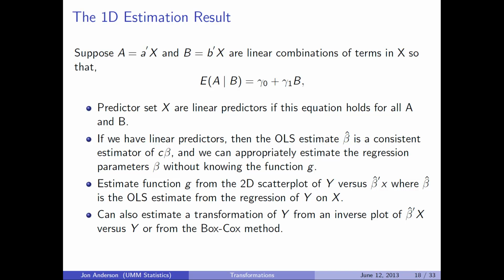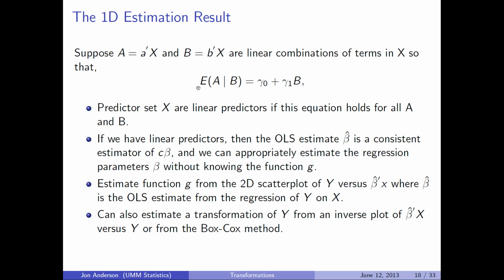By the matrix X, I'm talking about our matrix of predictor information. And there's another quantity B, capital B, which is also a linear combination of our predictor variables.